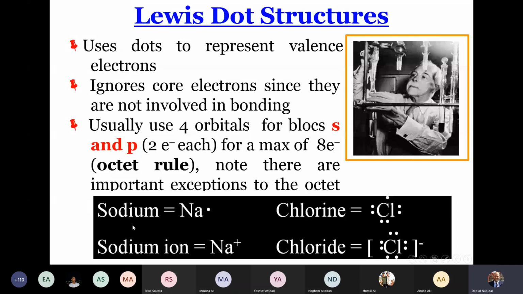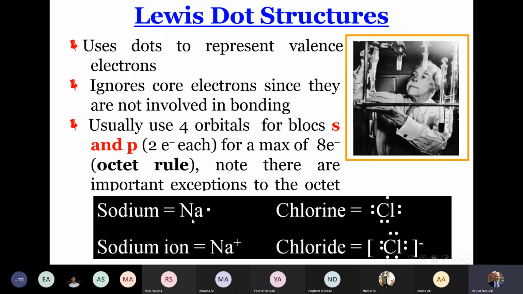For example, consider sodium. Sodium has Z equal 11, 1s2, 2s2, 2p6, 3s1. So in level 3, I have only one single electron.